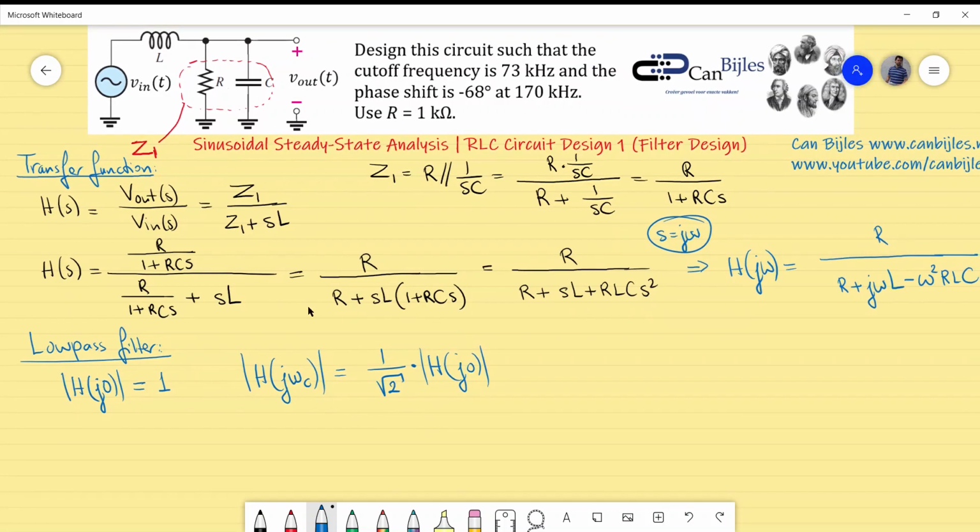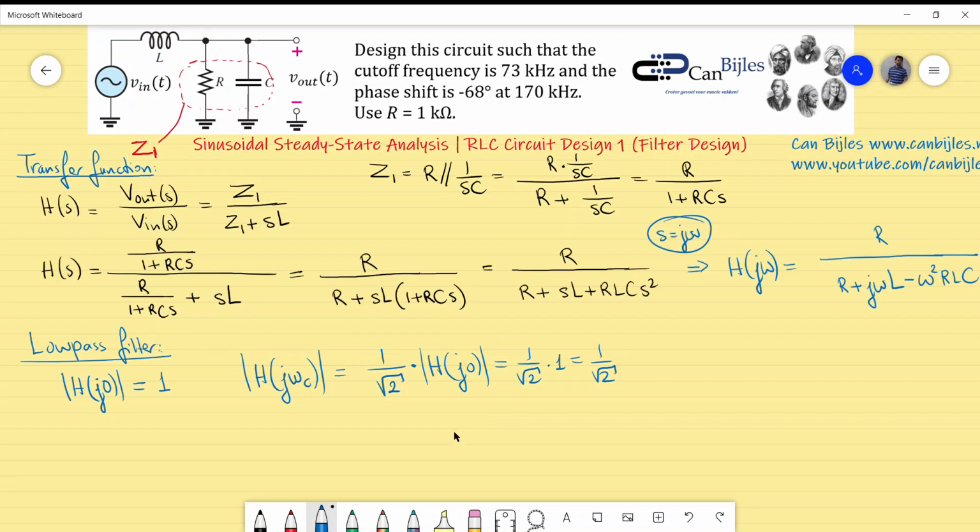Okay, so we have this. That means actually 1 over square root of 2 times 1 will be, of course, 1 over square root of 2. This is very important, so I know actually at this frequency my gain will be 1 over square root of 2. That's actually the definition of the cutoff frequency. This is very important.